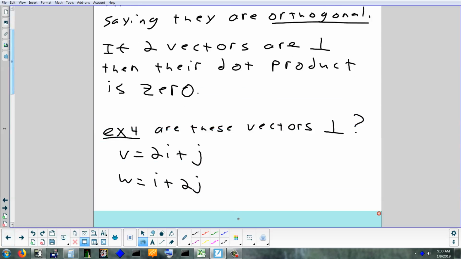So let's find the dot product between these two vectors and see if they are perpendicular or not. What's going to be my calculation to find the dot product? 2 times 1. Remember, there's a 1 in front of a letter if you don't see it.